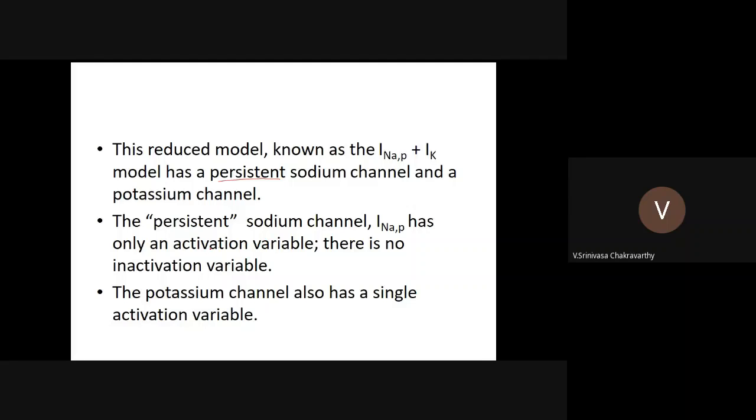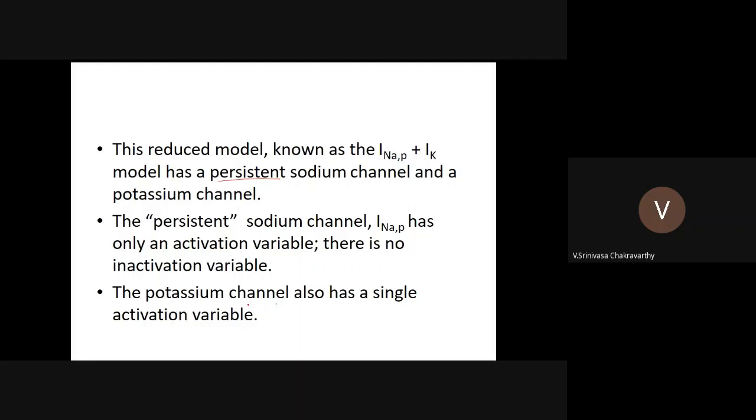But here, because there's only an activation variable, if you increase voltage, the channel opens and stays like that. It doesn't close again. There's no inactivation variable. Ultimately it closes not because of inactivation gates inside the sodium channel, but because of the potassium channel.